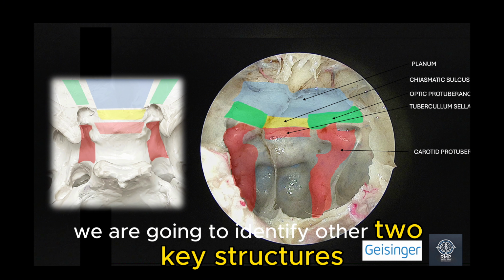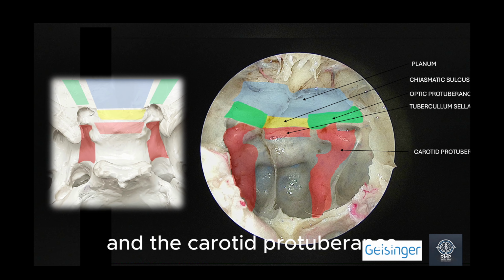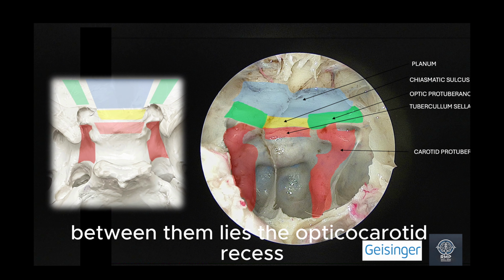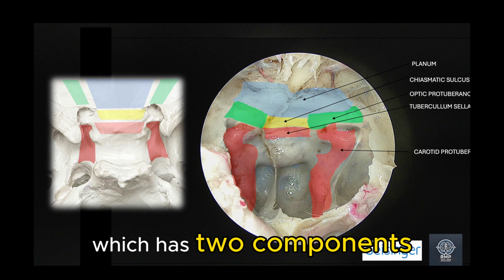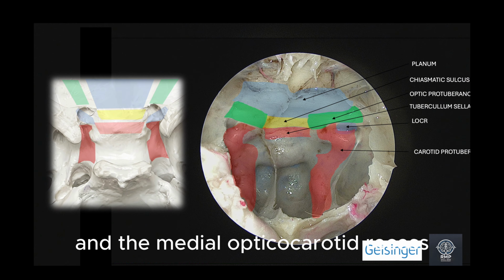And laterally, we are going to identify two other key structures, which are the optic protuberance and the carotid protuberance. Between them lies the opticocarotid recess, which has two components, a lateral opticocarotid recess and the medial opticocarotid recess.